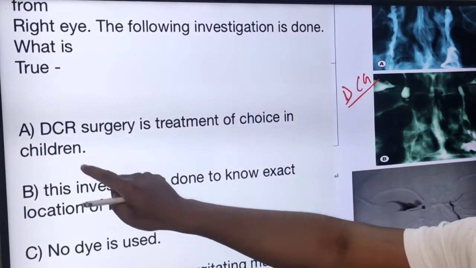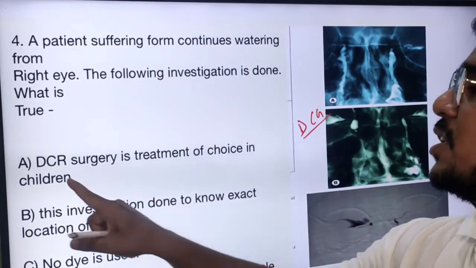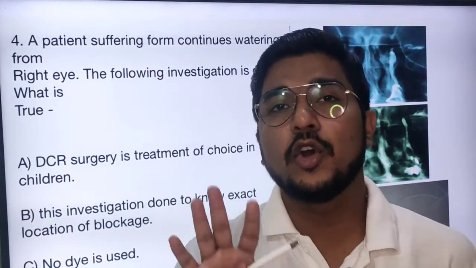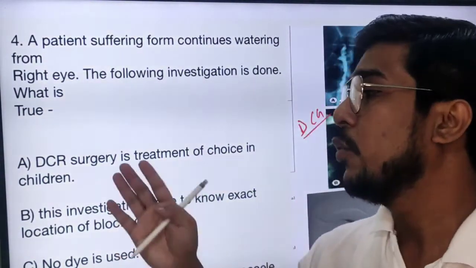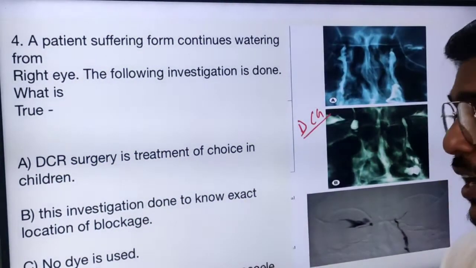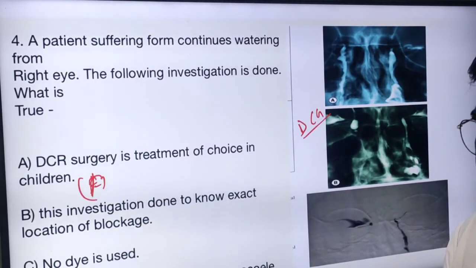DCR surgery is the treatment of choice in children. You see, DCR surgery is something which is reserved for adults only. For children, especially less than 4 years of age, we should not consider DCR surgery. This is contraindicated, rather. So obviously this option is false.